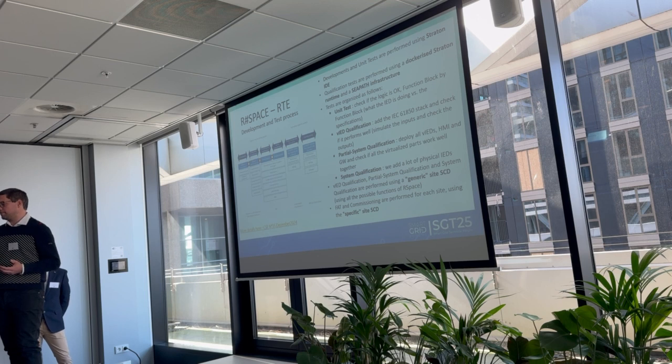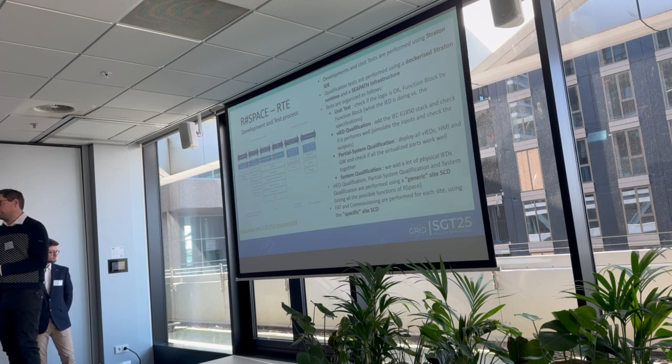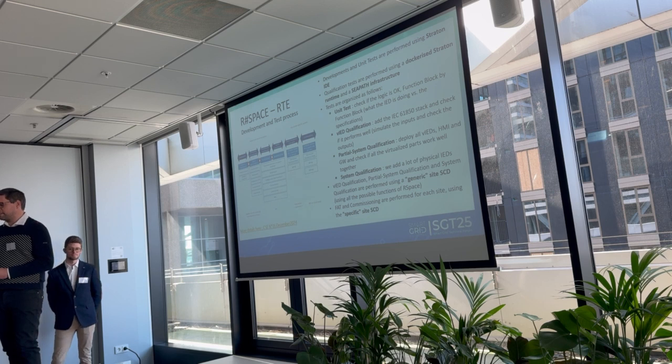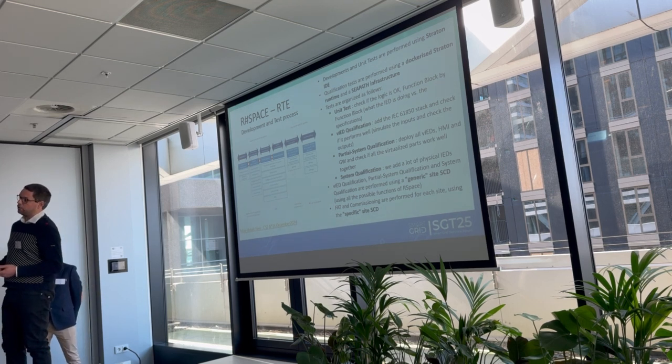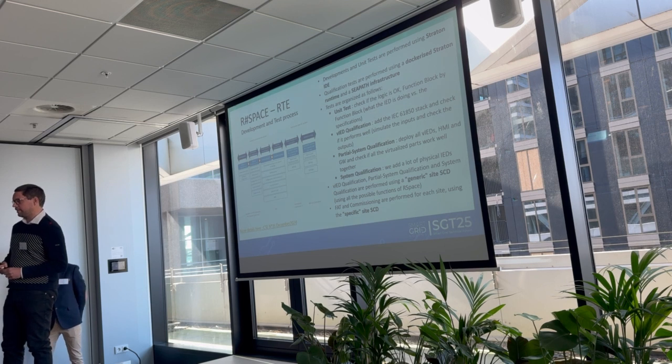So we have a generic SCD site with all the functions we want to have in the virtualization, and we use this generic SCD site to perform our qualification tests. But of course, in the second step, then on site, we have the factory acceptance test, and then the commissioning and the site acceptance test. For those, FAT, SAT, and commissioning, we are using, of course, the specific SCD of the site.